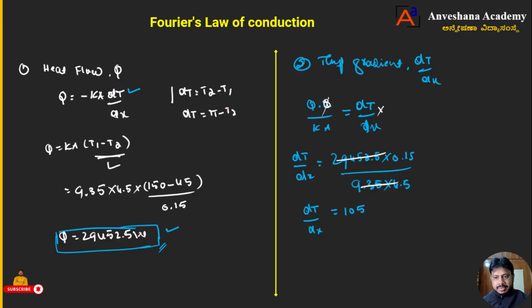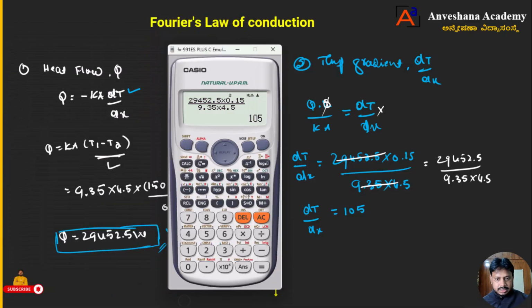So now dT by dx is equal to what? Actually Q divided by KA. So what is the value of Q? Q is equal to, already I know, 29452.5 divided by K into A. What is K into A? K we know already, that is 9.35 into 4.5. Now do the simplification with the help of the calculator.